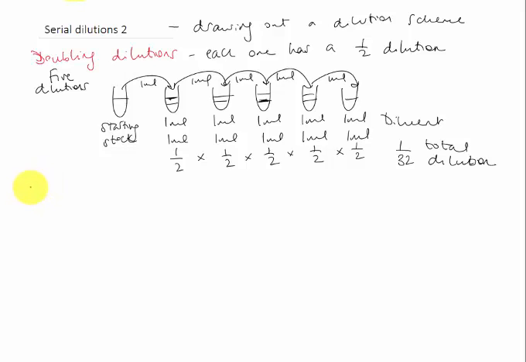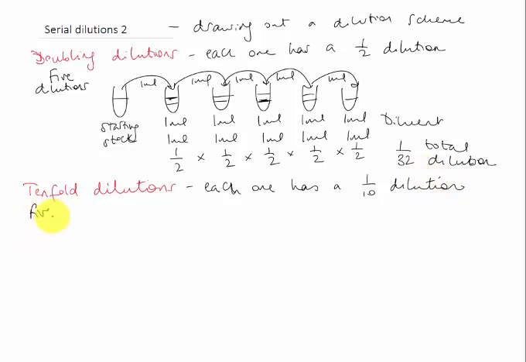Now how about if we do the same thing with tenfold dilutions. So each one has a 1 in 10 dilution this time, but the same idea will apply. So again, let's do 5 dilutions and see how that works out.